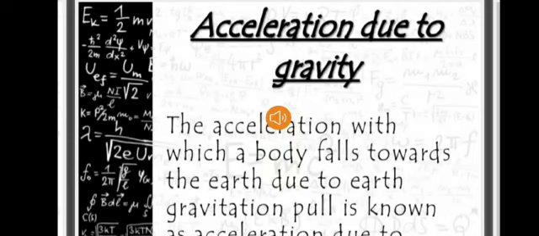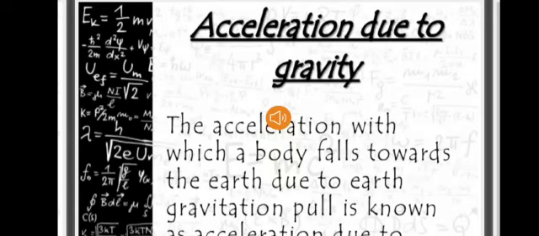The value of small g on the surface of the Earth is equal to 9.8 meter per second square. So this is the expression of the acceleration due to gravity, that is small g is equal to capital G capital M by R square.